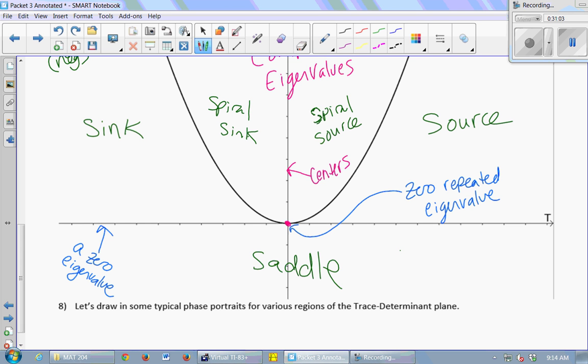Over here the other one, not the one that's 0, would be negative, and over here one is 0 and the other is positive.